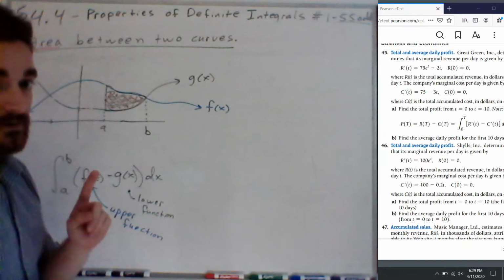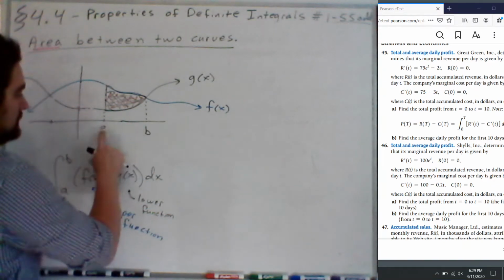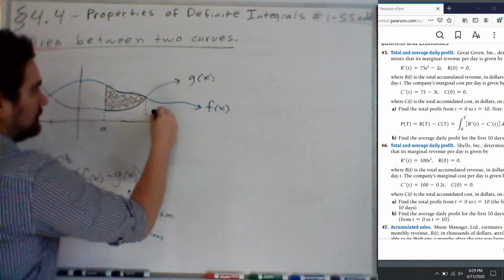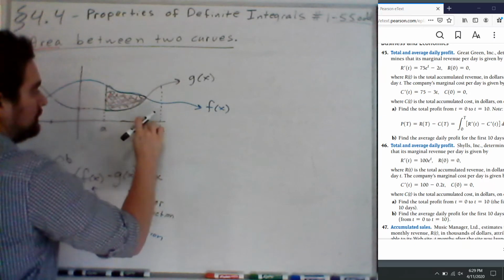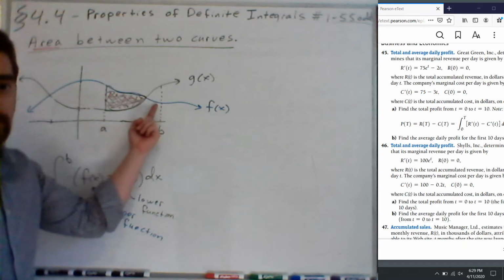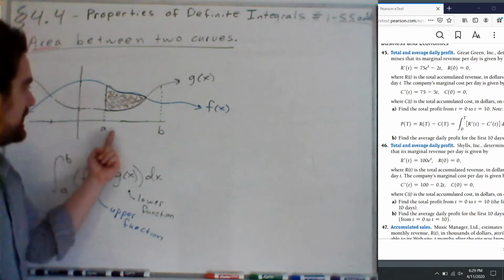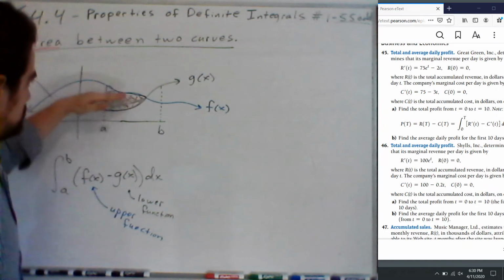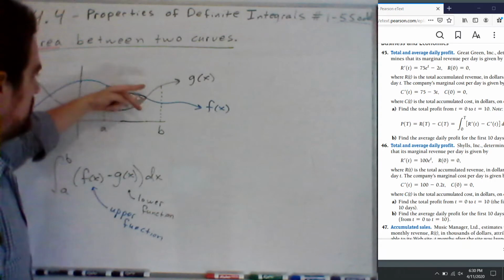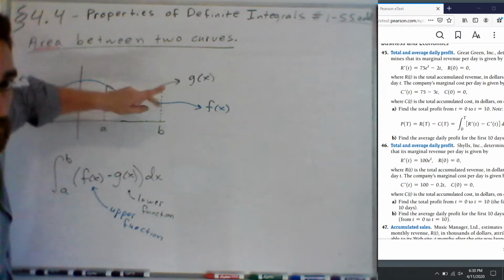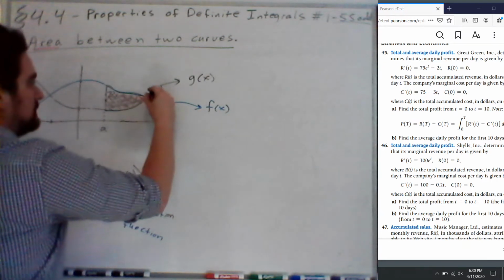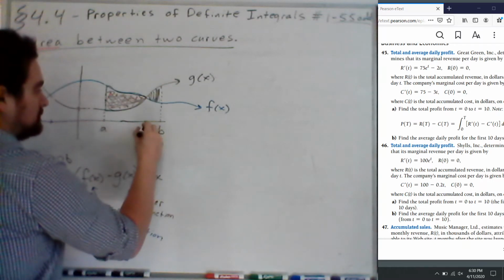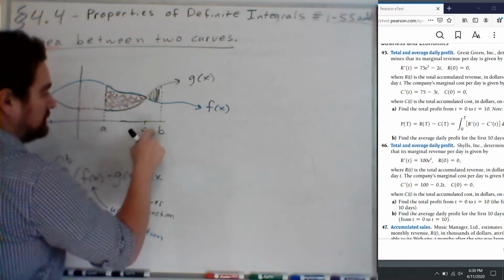But if we go from a to b, and b is somewhere over here, ooh, now there's a problem. We go from a to b, f of x minus g of x will give us this positive area, but then they switch roles. So for this piece, if I want to find this area, I have to find this part, we'll call it c.